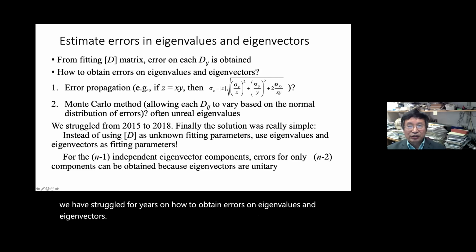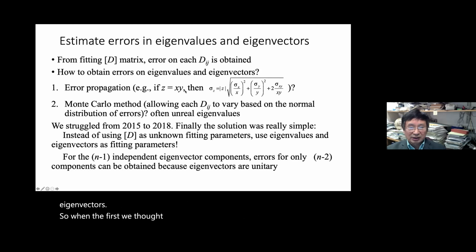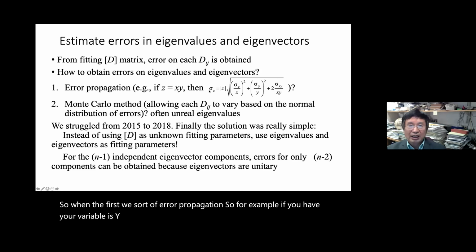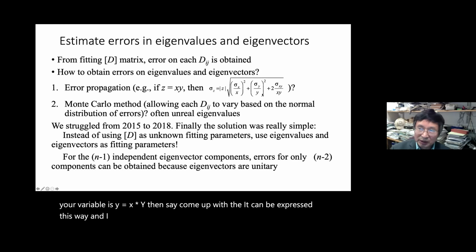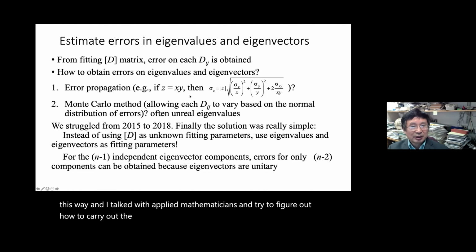First we thought of error propagation, for example, if your variable is z equal to x times y, then sigma of z can be expressed this way. I talked with applied mathematicians, but nobody could figure out how to carry out error propagation here.